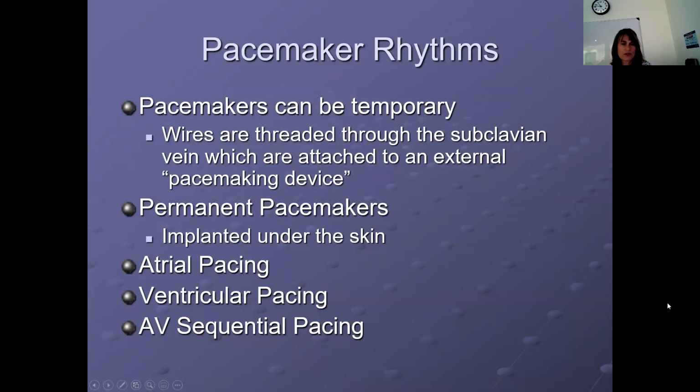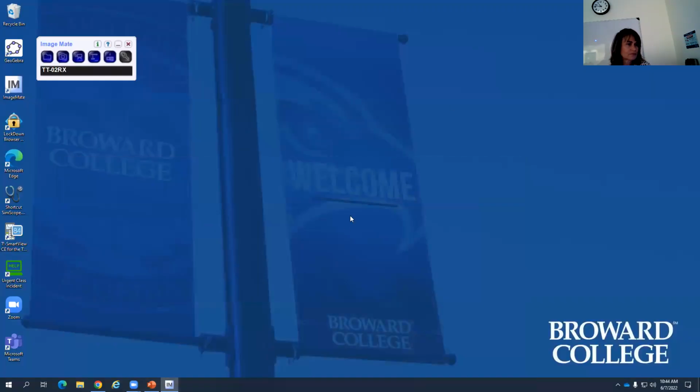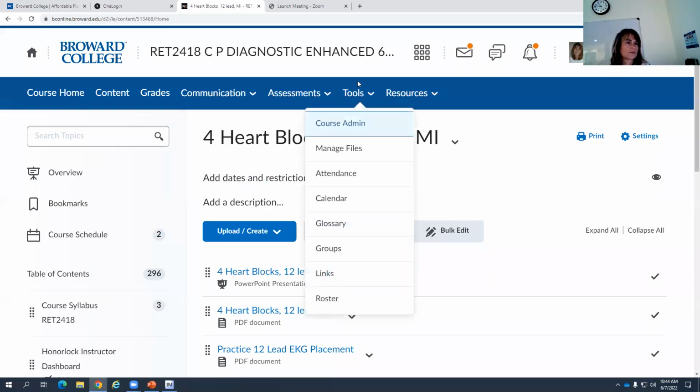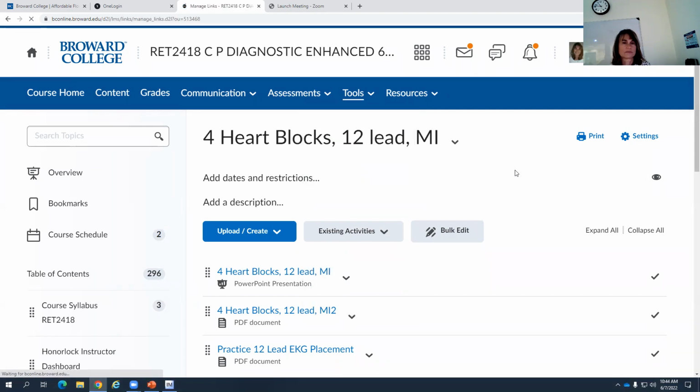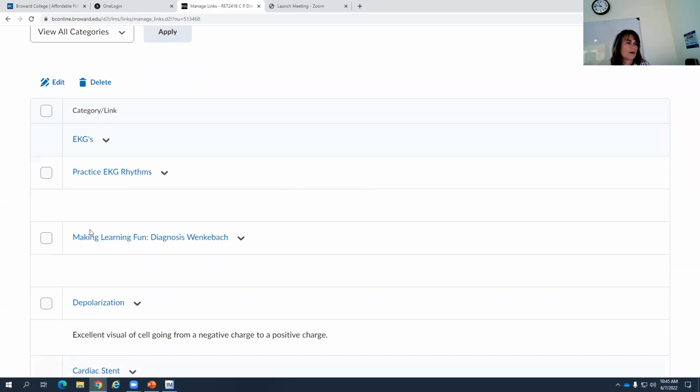Let's see. I want to show you something before we go forward. You can practice this. It's funny, some students got together and did a dance to, I think, a Justin Timberlake song.